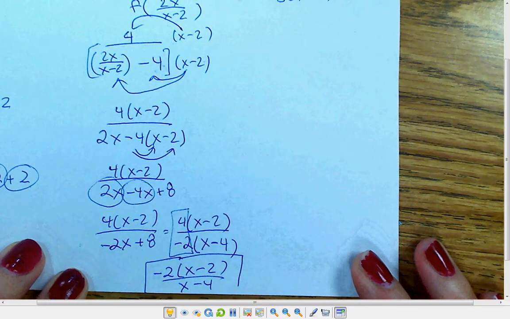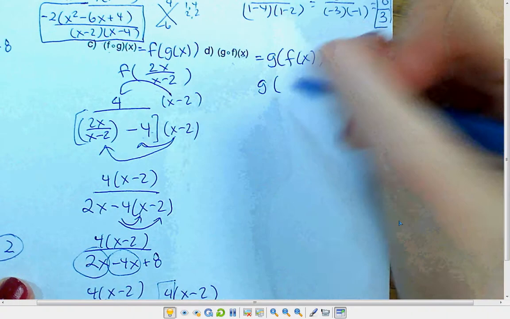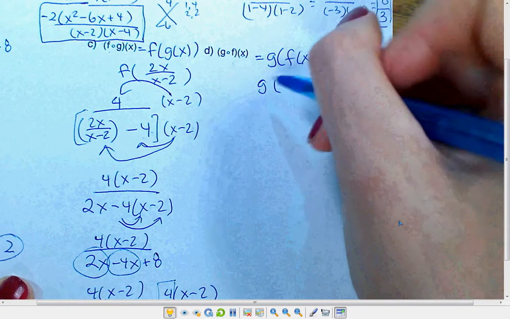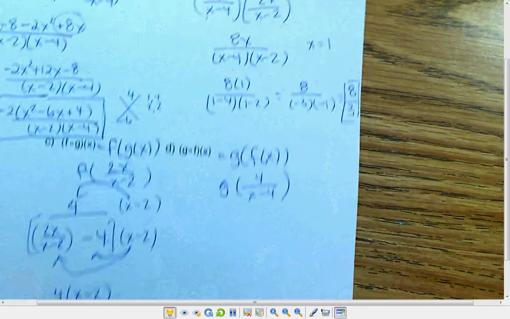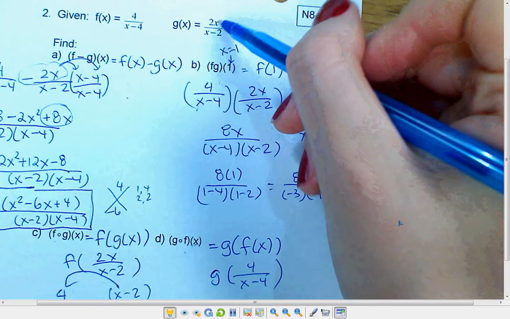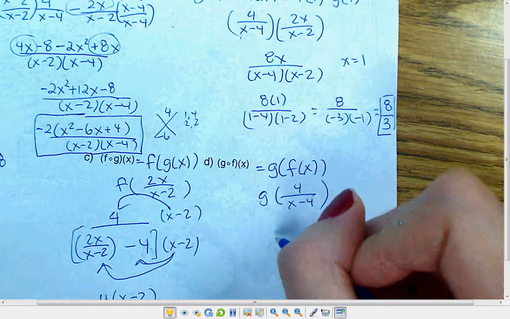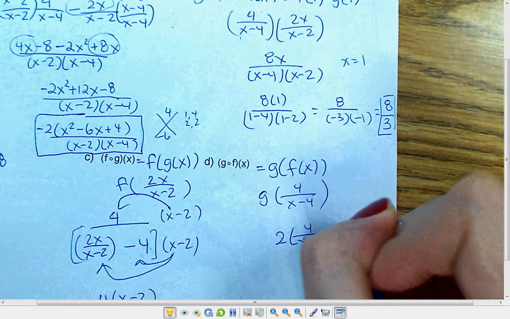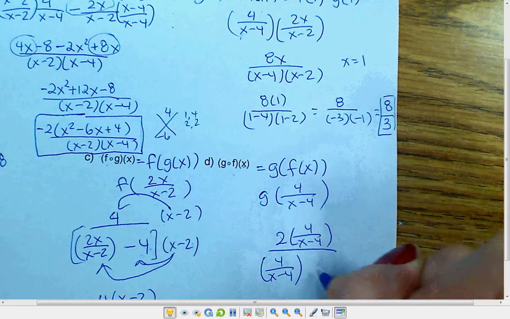So we're going to do something very similar for D, but now we're plugging in f of x into g. So f of x is 4 over x minus 4. So for this one, be careful, you have 2 x's, so we're going to be plugging this into 2 places in our g of x function. So we have 2 times 4 over x minus 4 divided by 4 over x minus 4 minus 2.